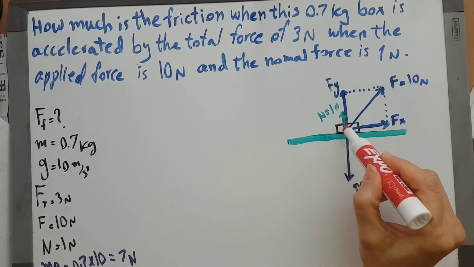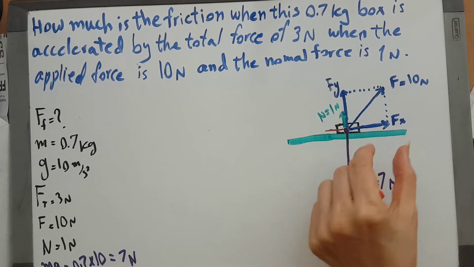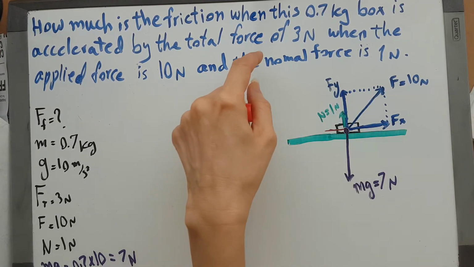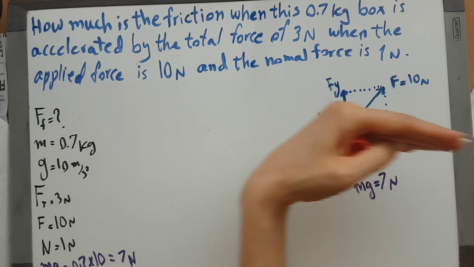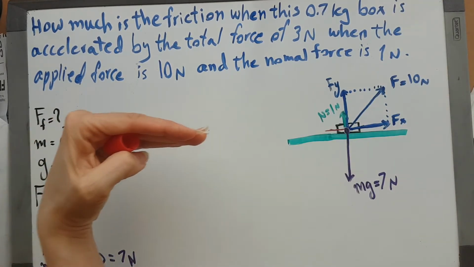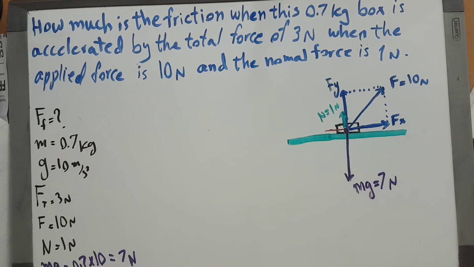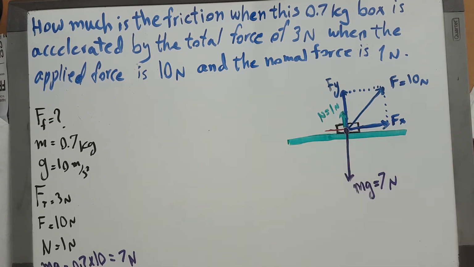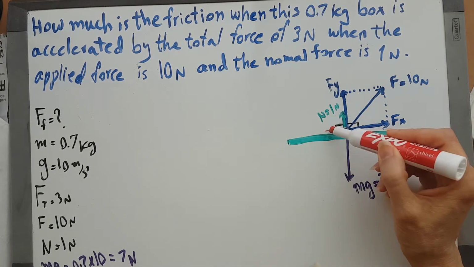Let's show friction with red color. And the friction is less than this Fx, because there is an acceleration in this direction. There is a total force in the x dimension. There is no total force in the y dimension, but there is a total force in the x dimension, in the horizontal dimension. Therefore, this F is smaller.